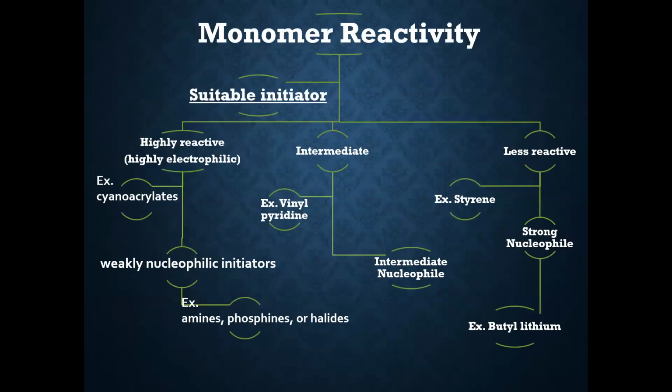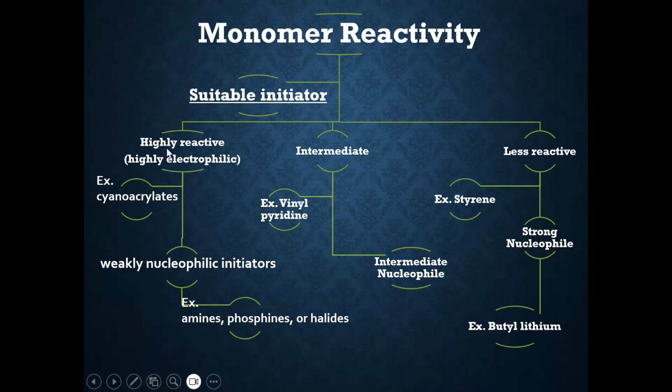So if we need to classify the suitable initiator according to the monomer reactivity, a monomer can be highly reactive, and these are highly electrophilic monomers, or intermediate, or have less reactivity.